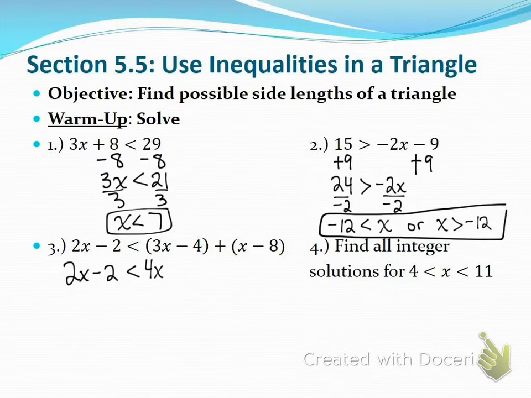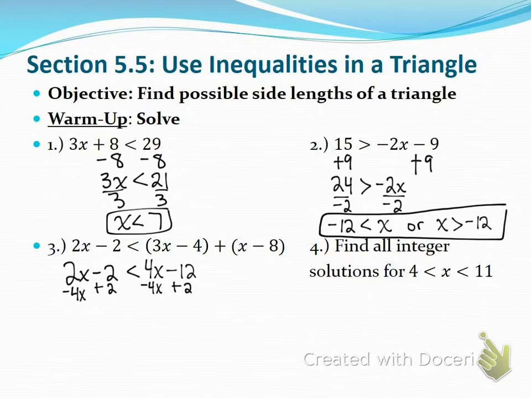Negative 4 minus 8 is a negative 12. The next step to solve it, do what? Okay, we could add 2 to both sides, and we could also subtract 4x from both sides. Might as well do that at the same time.